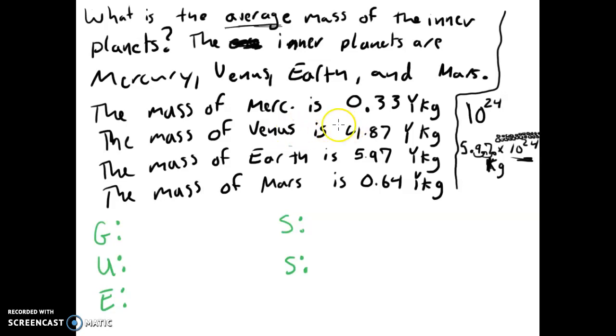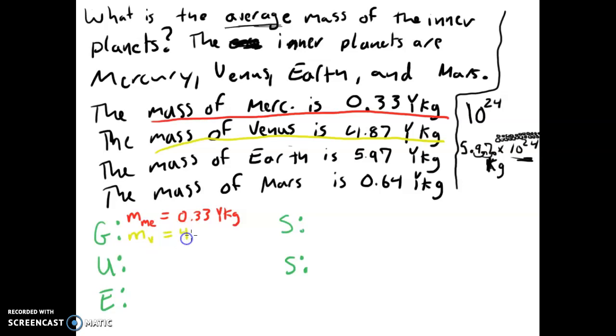What I'm going to do here is underline. That way I can just write, we have mass of Mercury, let's write ME, equals 0.33 YKG. Then I'm going to go to yellow for Venus. So let's just underline here. And look, I'm just looking at our givens. A big clue for givens is that a number was given.